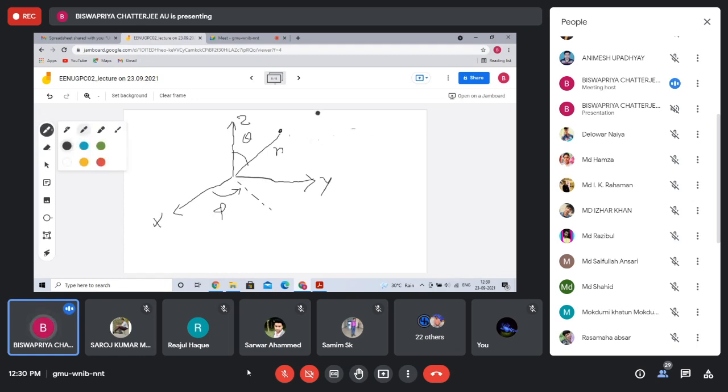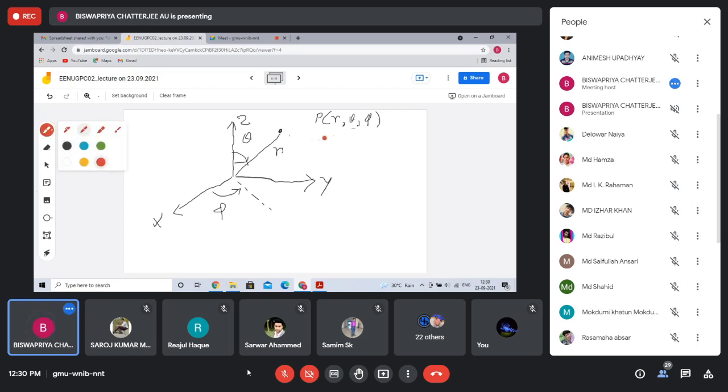Any point P is given by R, theta, phi. So now you see this is the theta direction.